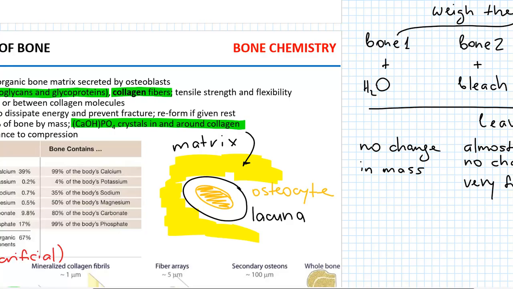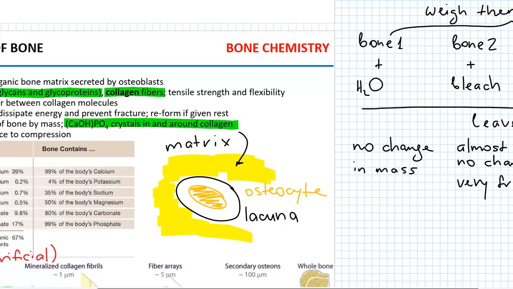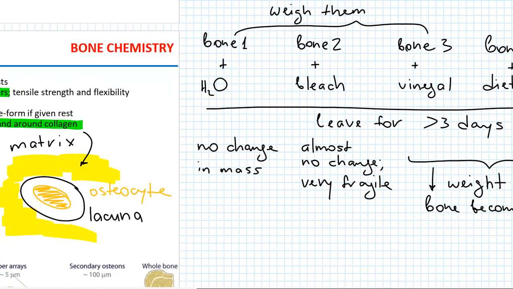Bleach will slowly destroy collagen, because collagen is a protein, it takes a while. And this is why bone becomes very fragile, because all you have left is a bunch of calcium. Okay? Now seriously, do it.